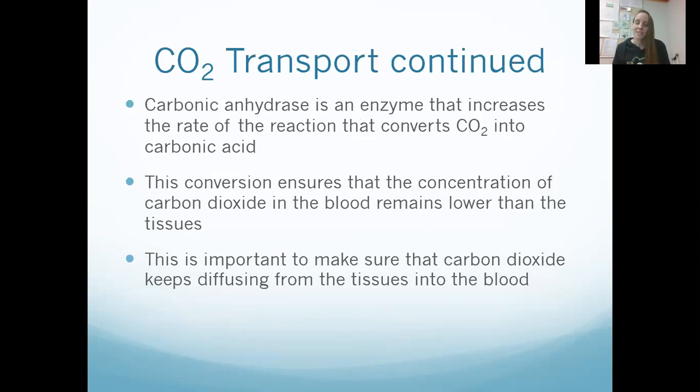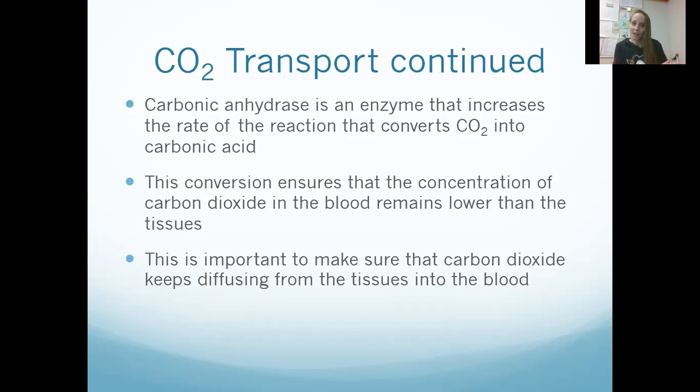And that is facilitated by an enzyme called carbonic anhydrase, which just increases the rate at which that reaction can happen so that more of the carbon dioxide that goes into your blood can be converted into carbonic acid. And the reason that's important is because your blood needs to maintain a lower partial pressure or a lower concentration of carbon dioxide than your tissues, so that carbon dioxide continues to diffuse from your tissues into your blood.